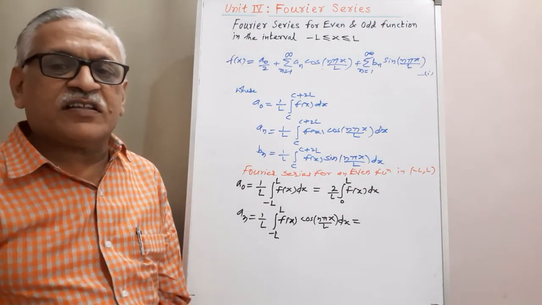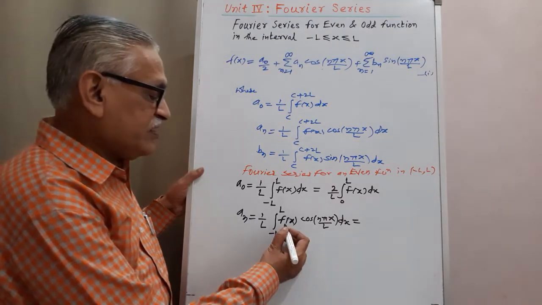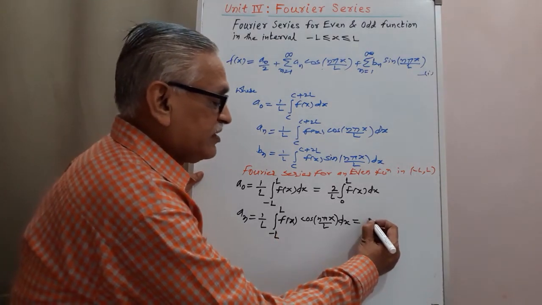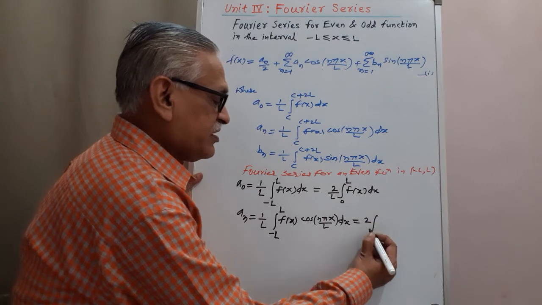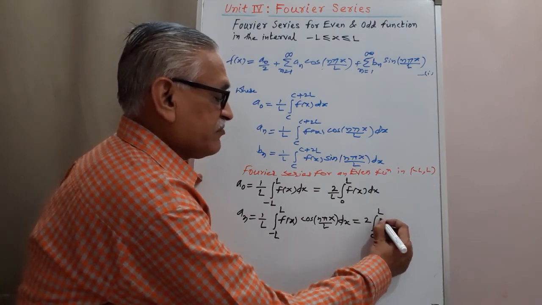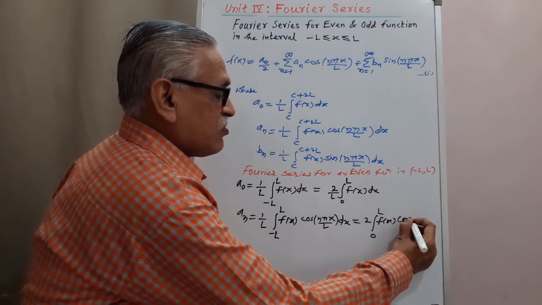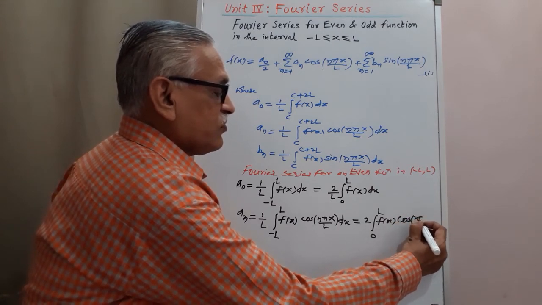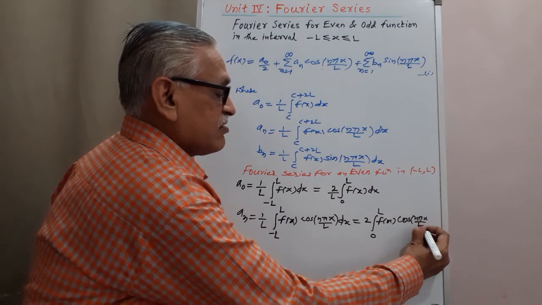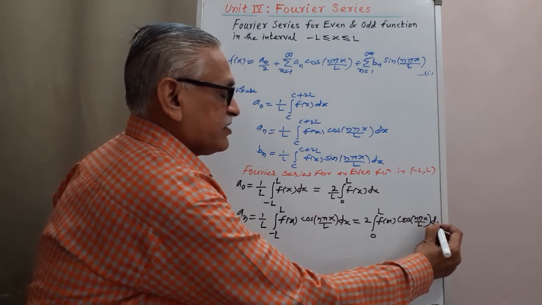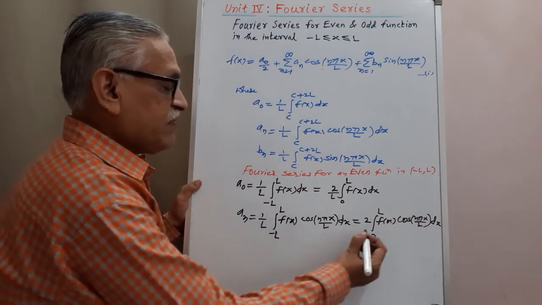That product, the resultant one, is an even function, and therefore by that property it is again 2 times integration from 0 to L, f of x cos of n pi x by L, its integration with respect to x, and divided by L.